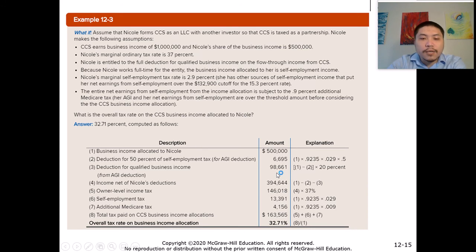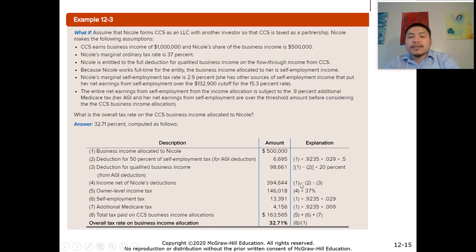All right. And then the net income before applying anything is going to be the $500,000 subtract these two reductions, the for AGI deduction and the from AGI deduction, and then we get to the income after deduction.